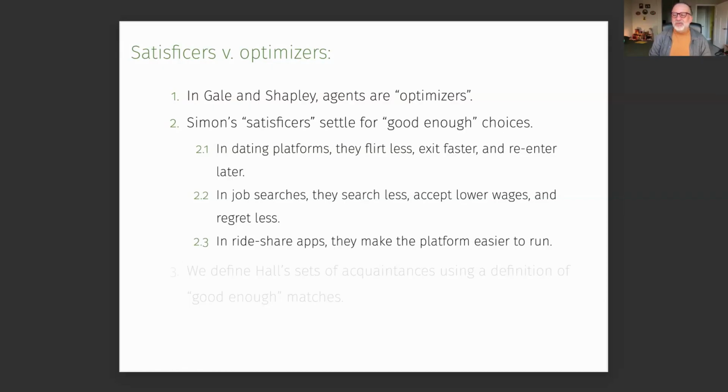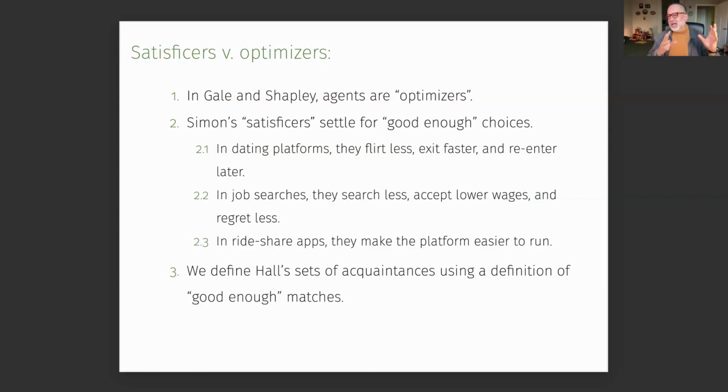So this gave us what we think is a language that we could use for our definition of a solution concept, which is that we're going to take preferences as in Gale and Shapley, and we're going to come up with a definition of what each of these individuals would consider to be good enough matches.